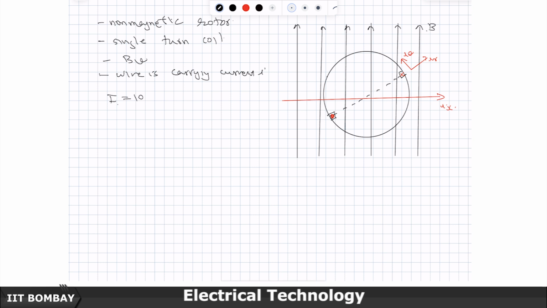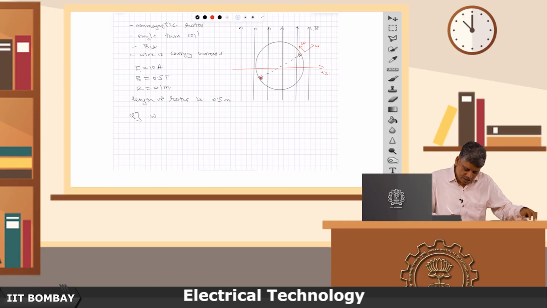I have I as 10 amperes, I have B as 0.5 Tesla, and I have R as 0.1 meters, and I have the length of the rotor as 0.5 meter. So it is 0.5 meter long.